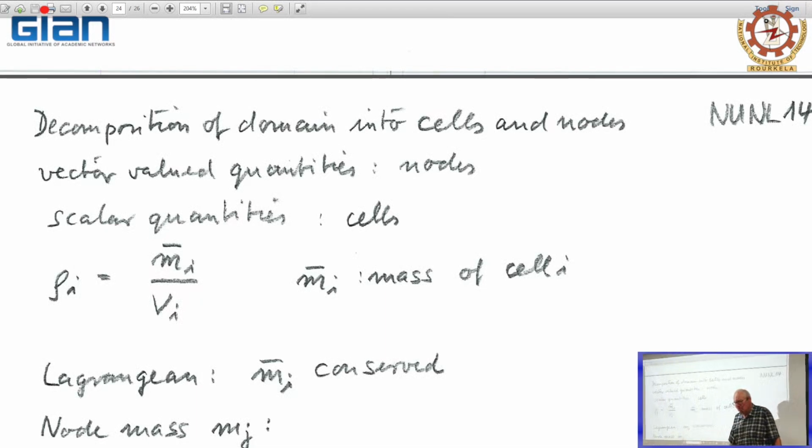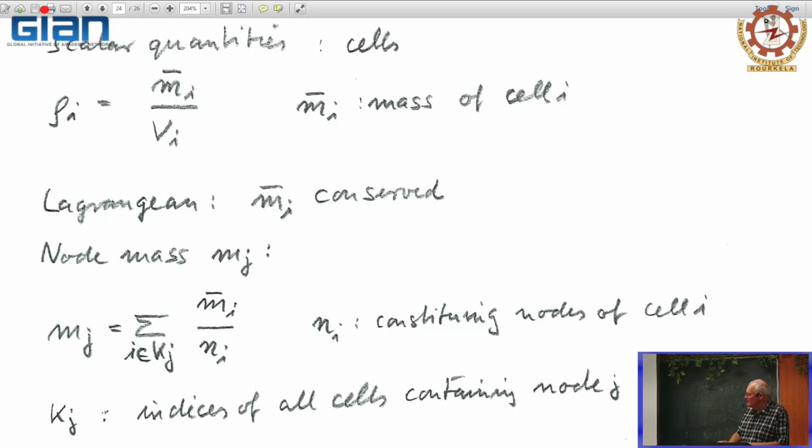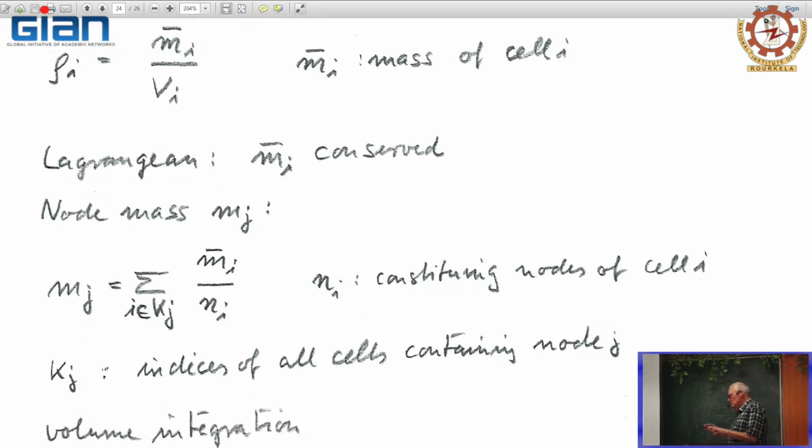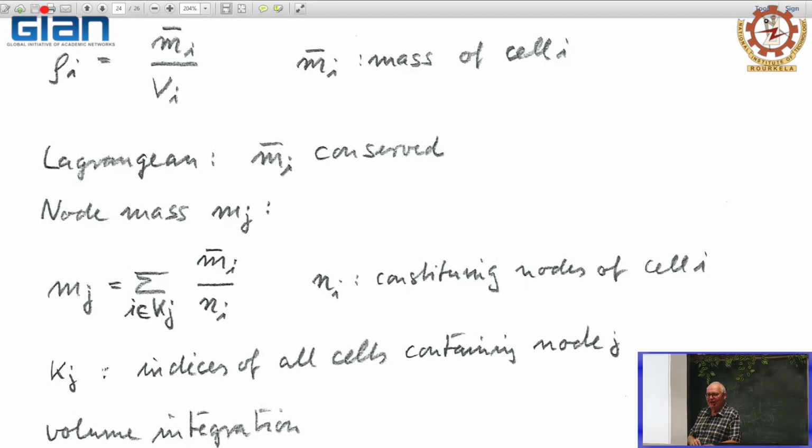We don't need to care about mass conservation. So in a Lagrangian scheme, apart from the masses of cells, we can define masses of the nodes. This can be done by distributing the mass of a cell in equal amounts to all of its defining nodes, and then collecting for each node all the fractions of mass from the different adjacent cells.